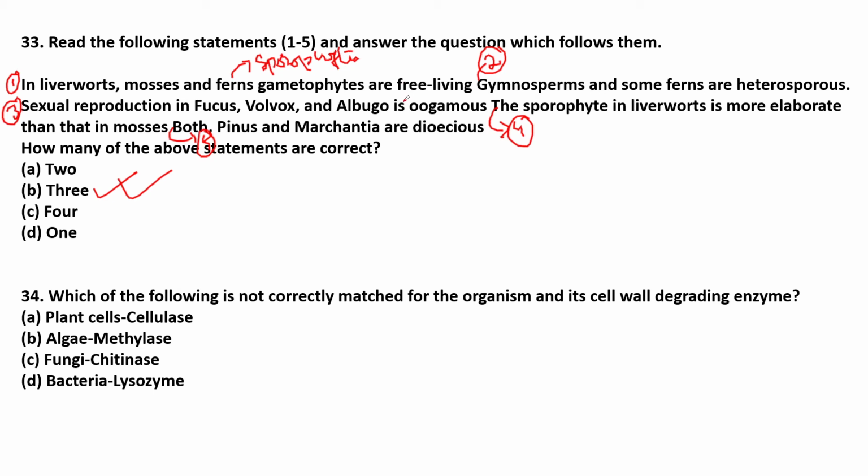Gymnosperms and genera like Selaginella and Salvinia are heterosporous. The sporophytes in mosses are more elaborate than those of liverworts. Pinus is monoecious and heterosporous. Marchantia is dioecious.